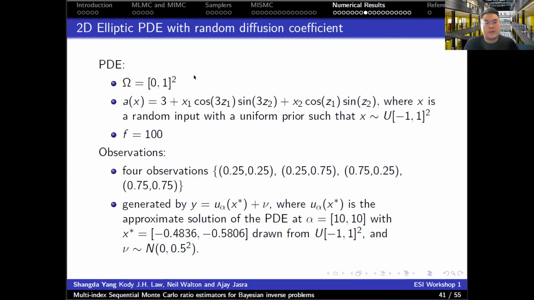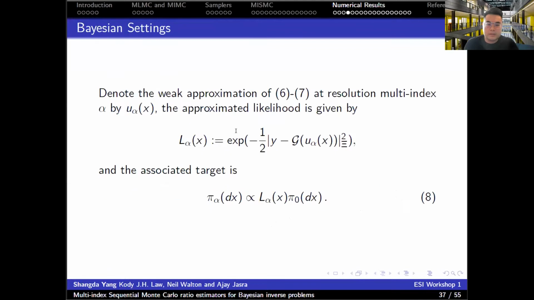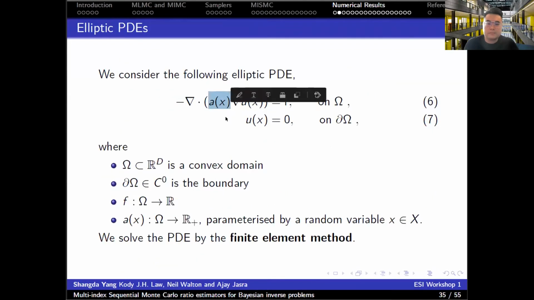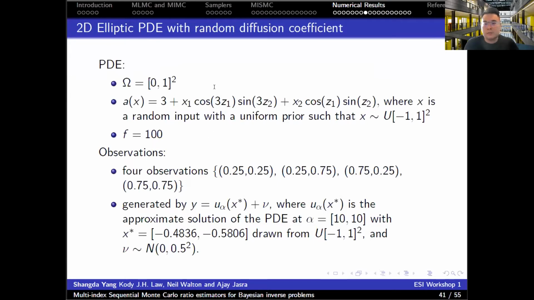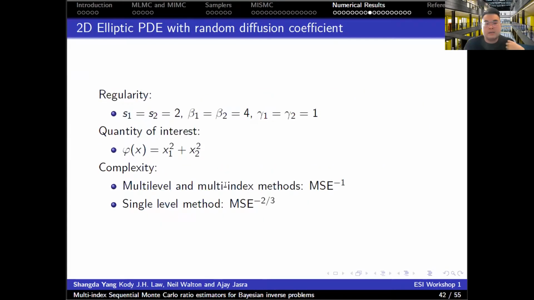Here is an example on the 2D elliptic PDE with a random coefficient. Here we let this a(x) be a random input like this. We observe 4 points. This is the observation size, and here are the regularity assumptions.